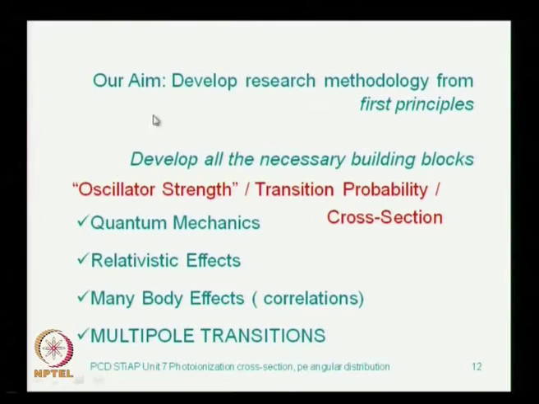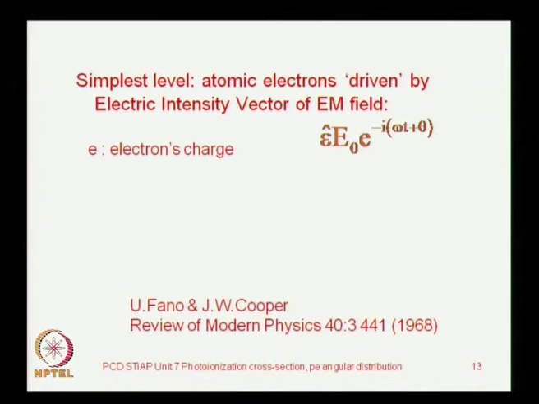So, we will need all of these tools: quantum mechanics, relativistic effects, many body effects, multipole transitions. All of this will come together, but we will build the model from the ground up, so that we know where the term oscillator strength comes from and how it connects to the quantum mechanical cross section.